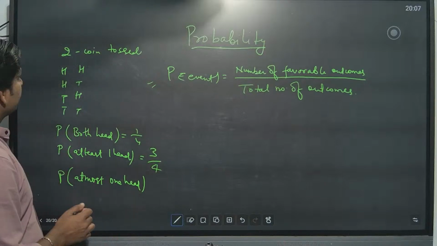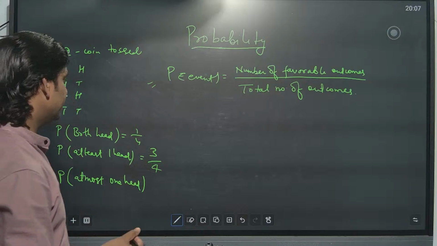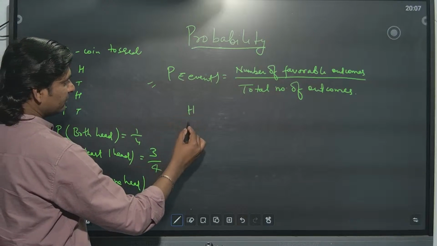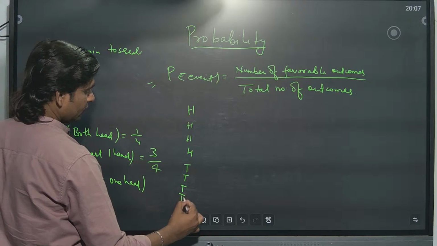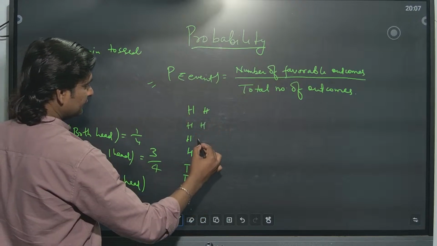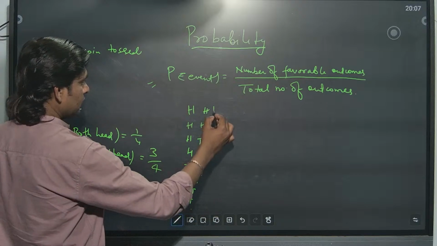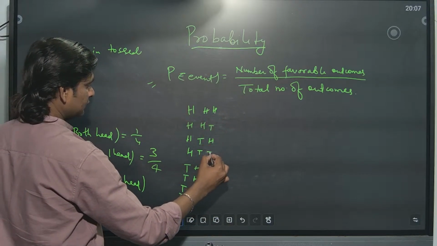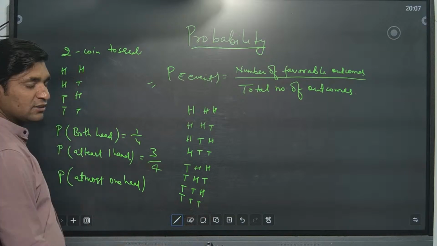Okay. For three coins, what are the possibilities? See, writing the total outcomes is very important. Then head head, then head tail. So these are the total possibilities.